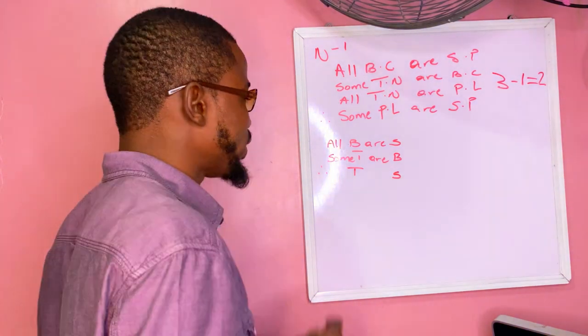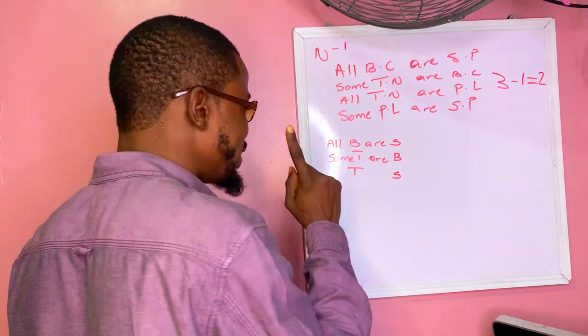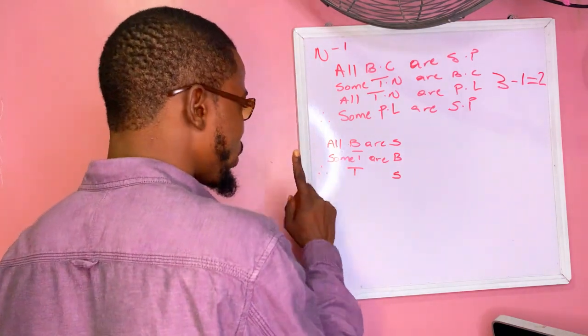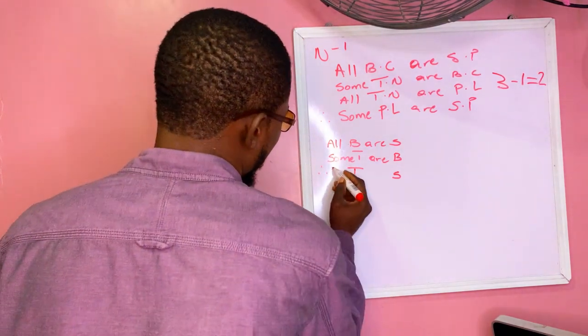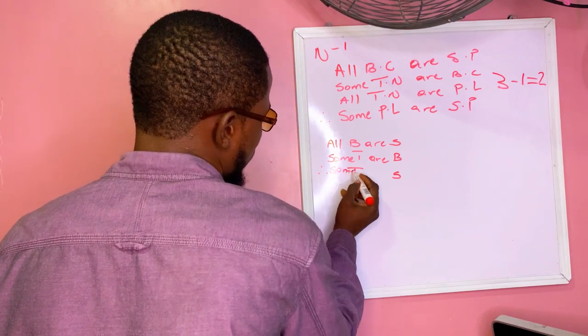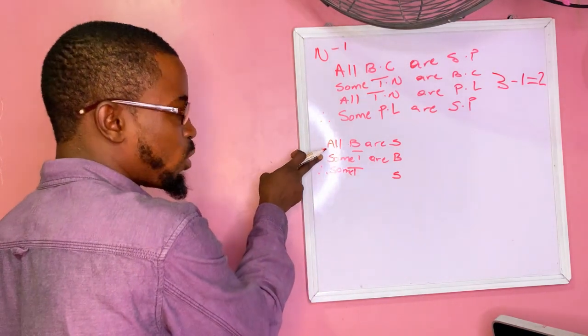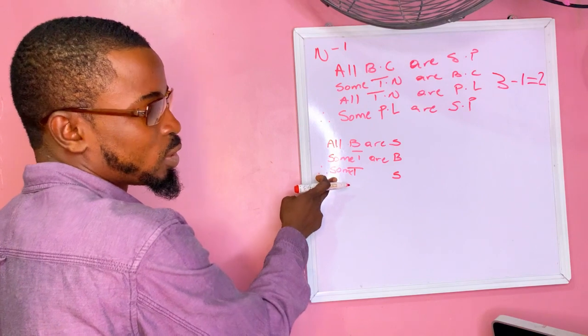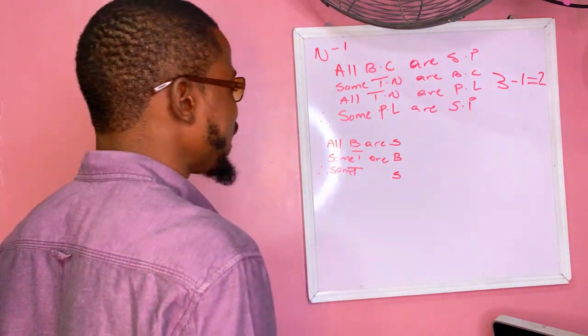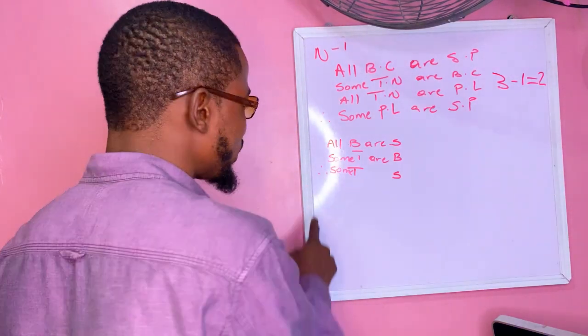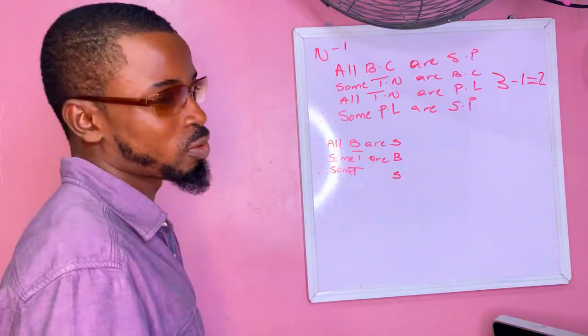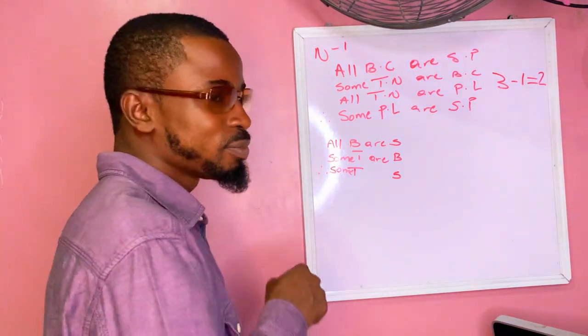So the first thing to bear in mind is that whenever there is at least one particular in the premises, the conclusion has to be particular. So that means this space is going to be "some." Whenever there is at least one particular proposition in the premises, the conclusion must also be particular.